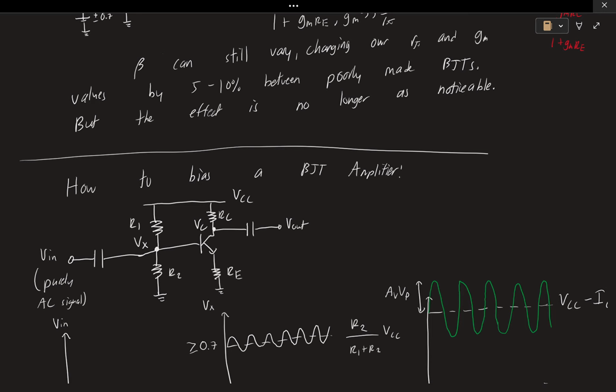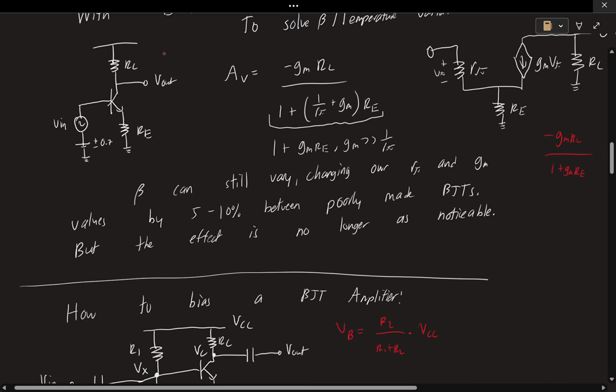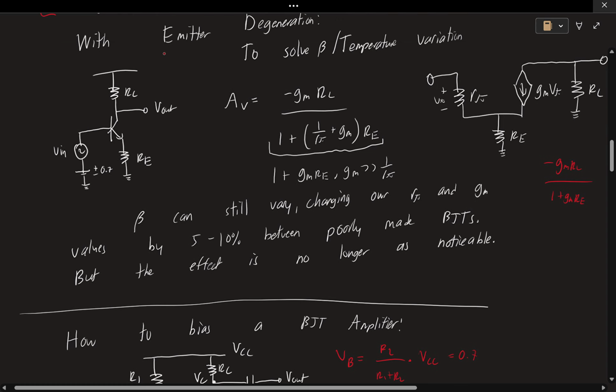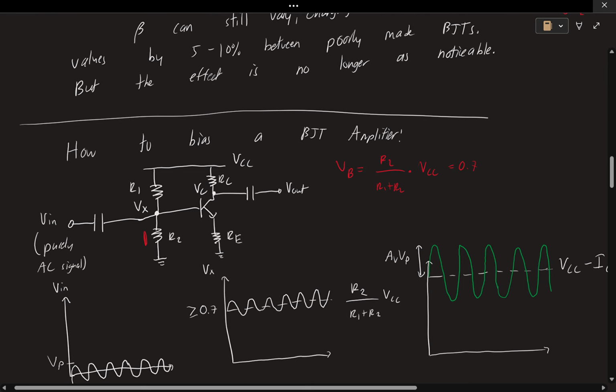So what this effectively does is it'll say our base voltage is going to be R2 over R1 plus R2 times our supply, which is VCC. Okay, that's how we take care of this base biasing, right? It's the same. If we want to make this 0.7, we'll figure out the values of R1 and R2 times VCC of 5. That makes it 0.7. Same effect as that thing over there. Okay, that's all that does.